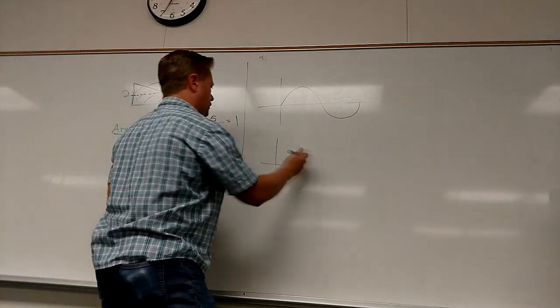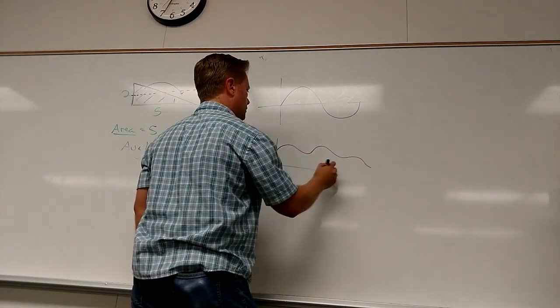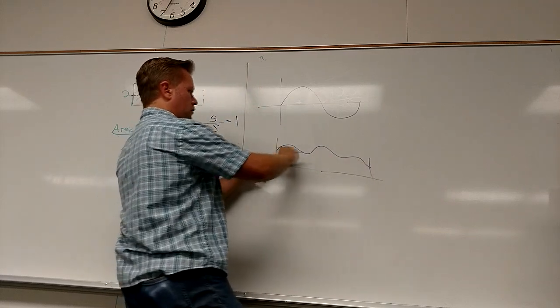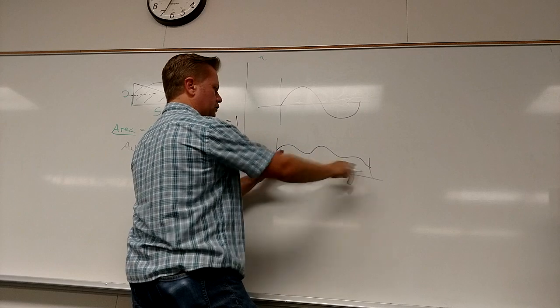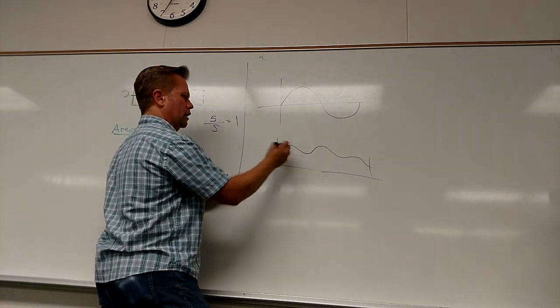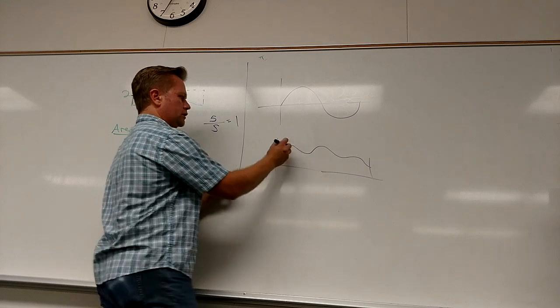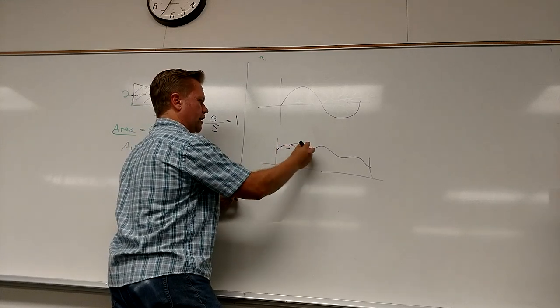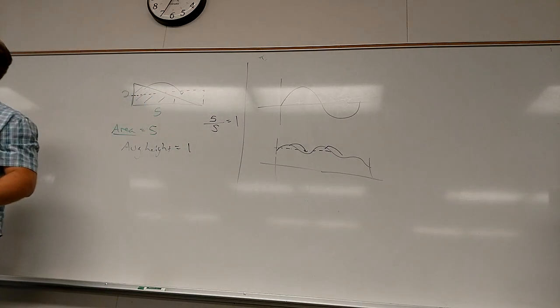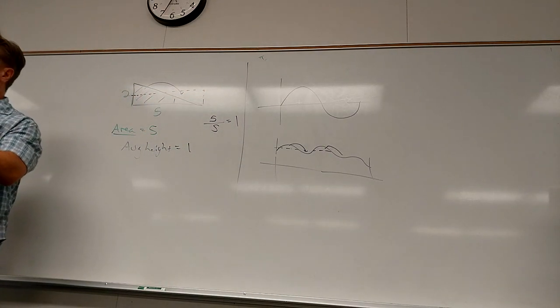But I can take any function really, and there's got to be some height where if you cut it and fill this in, you get an equivalent rectangle, right? So the average height here would probably be up here, because maybe you can cut this guy off and fill that in, cut this guy off and fill that in. We're not actually going to be doing that, thankfully.